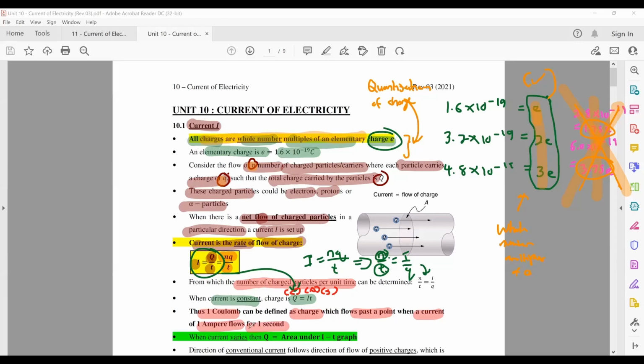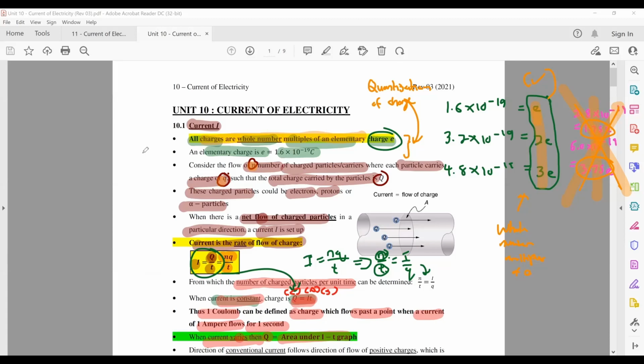Now, on the other hand, if your current varies, Q is not It. Okay, here we say that Q is It when current is constant. If you encounter a case where current varies, then Q is actually the area under the I-t graph. What we mean by that is this.